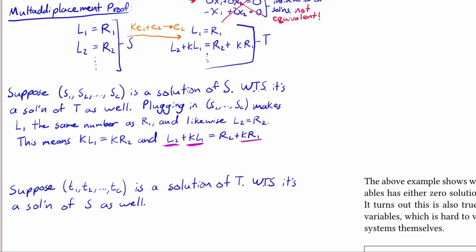So those are definitely the same number now. And that means now that s1 through sc makes this equation true, which is the only difference between S and T. So the solution s1 through sc of S is now also a solution of T. It makes all of the equations true.